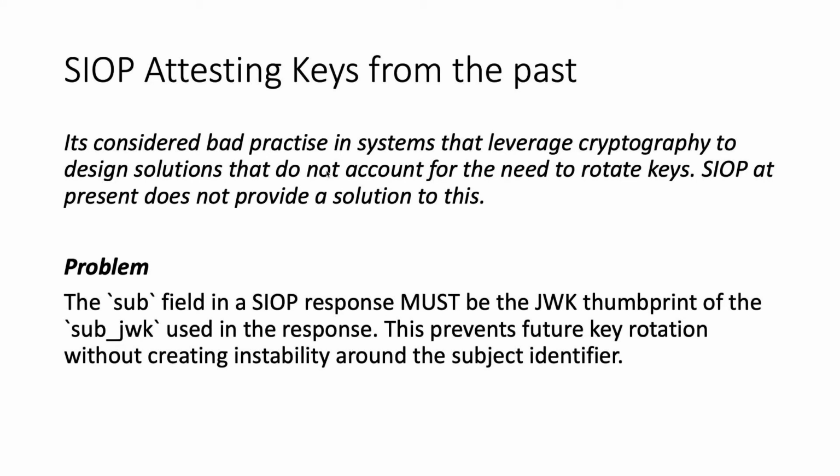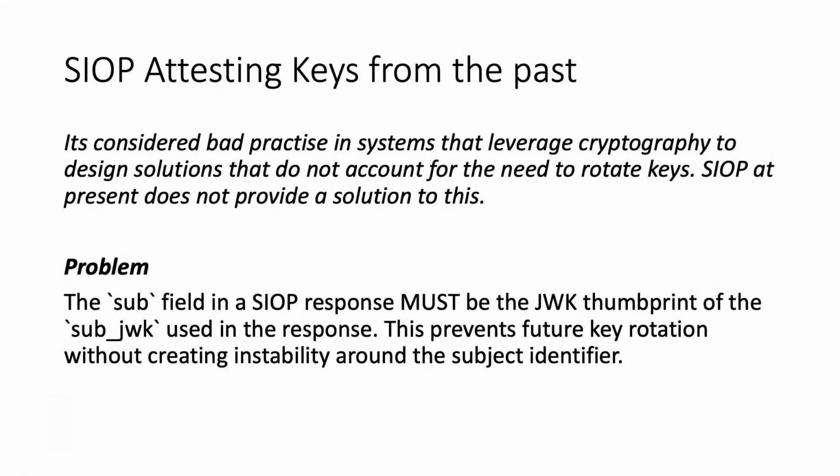And the problem we have at the moment is that the statements inside Chapter 7 of OpenID Connect Core mandate the relationship between the subject field being the thumbprint of the JWK and the current sub JWK value. And so in order to rotate this identifier, we would create instability around the subject identifier.